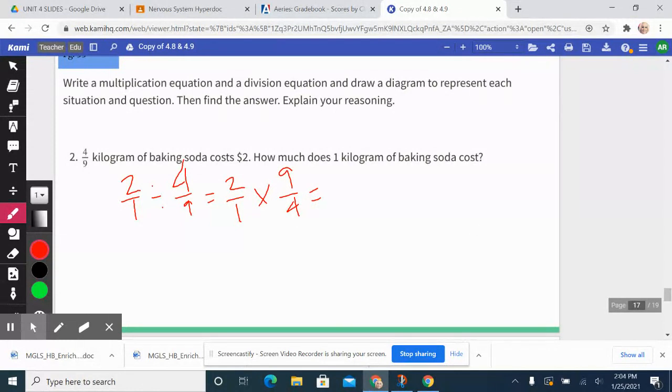So 9 times 2 is 18 over 4. And your answer would be 4.5, however you want to write it. And then your multiplication equation would be the 4.5 times the 4/9 equals 2.